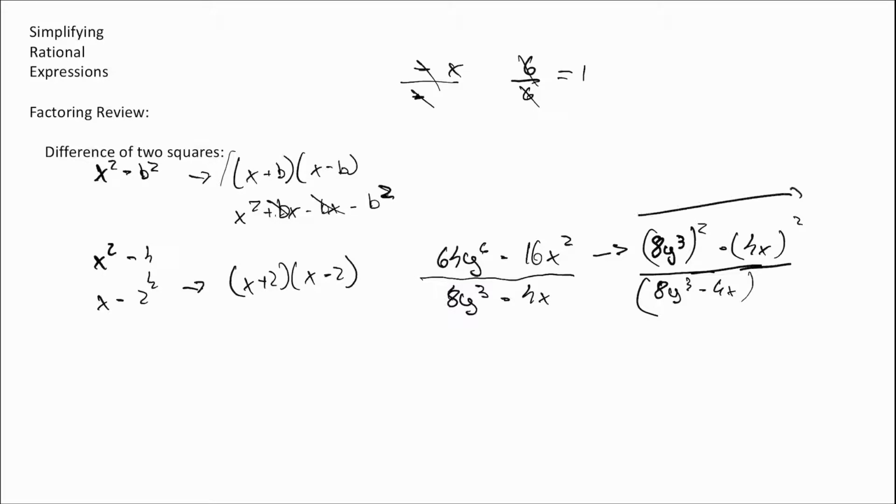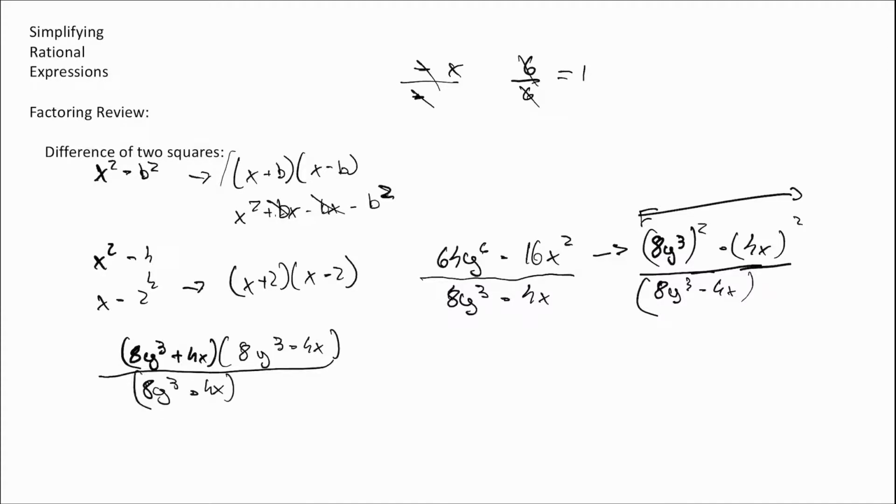And then on this expression here, I can use difference between two squares to factor. So that will get me 8y cubed plus 4x times 8y cubed minus 4x, all this divided by 8y cubed minus 4x.